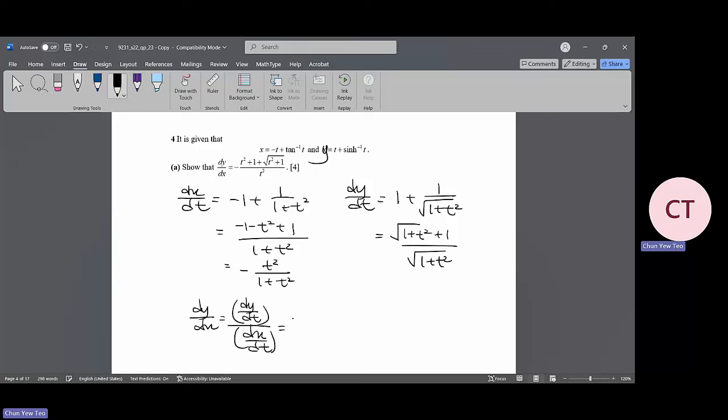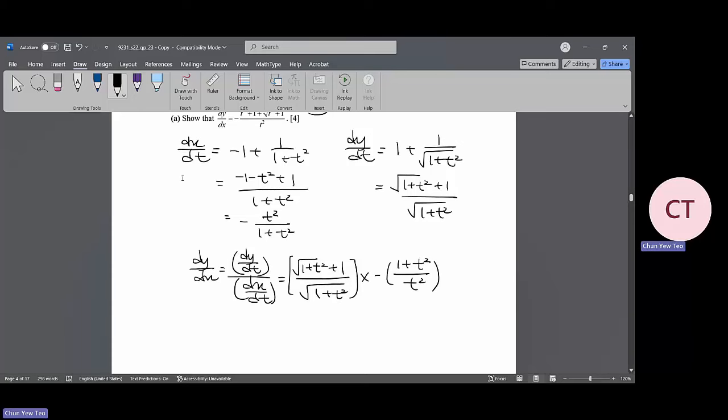That will give you the square root of 1 plus t squared plus 1, divided by the square root of 1 plus t squared, the whole thing multiplied by dt/dx. That means the negative of 1 plus t squared over t squared. So this portion and this portion can be simplified.